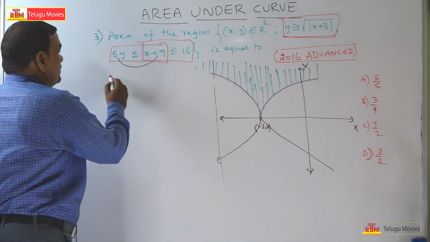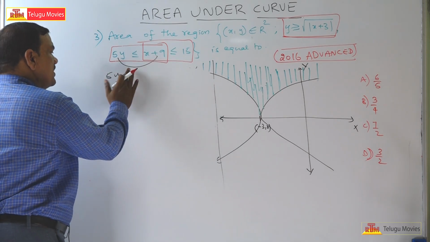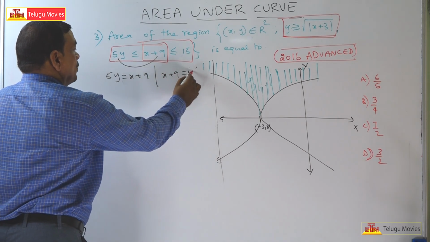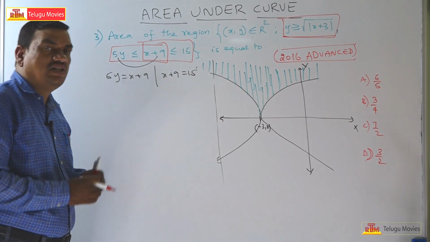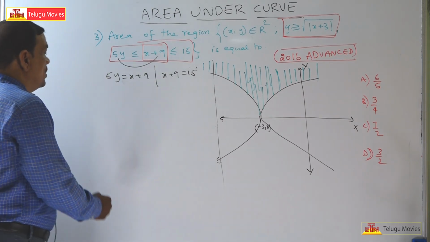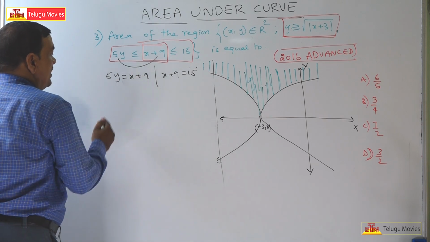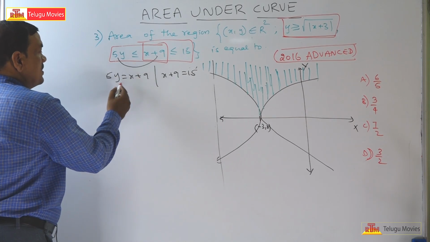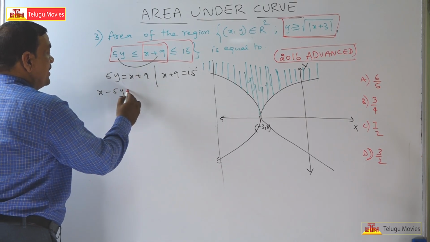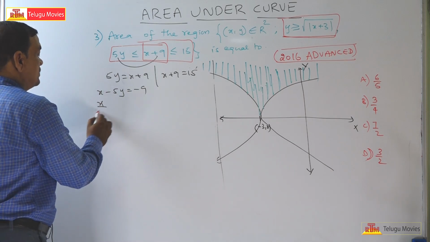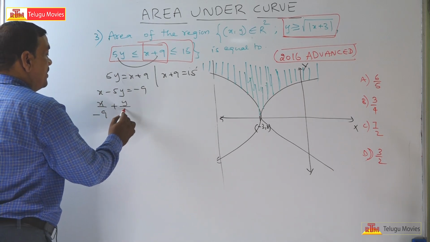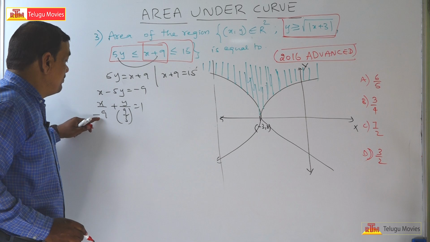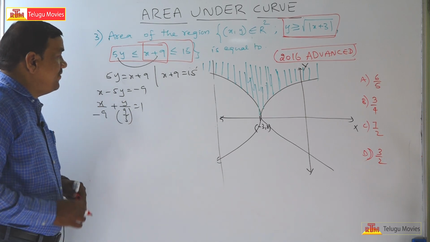So here, first you take the equal to symbol, afterwards we will consider the less than symbol. Take 5y equal to x plus 9. So, x minus 5y equals minus 9, that is, x by minus 9 plus y by 9 by 5 is equal to 1.